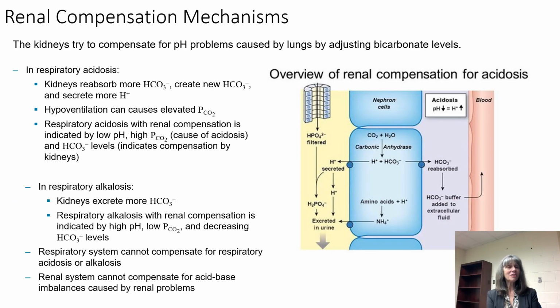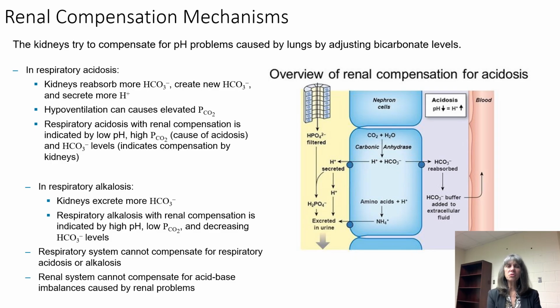The kidneys can also use compensation mechanisms because they'll try to compensate for pH problems caused by the lungs by adjusting bicarbonate levels. In respiratory acidosis, the kidneys can reabsorb more bicarbonate, create new bicarbonate, and get rid of more free hydrogen ions. Hypoventilation causes elevated partial pressure of carbon dioxide.